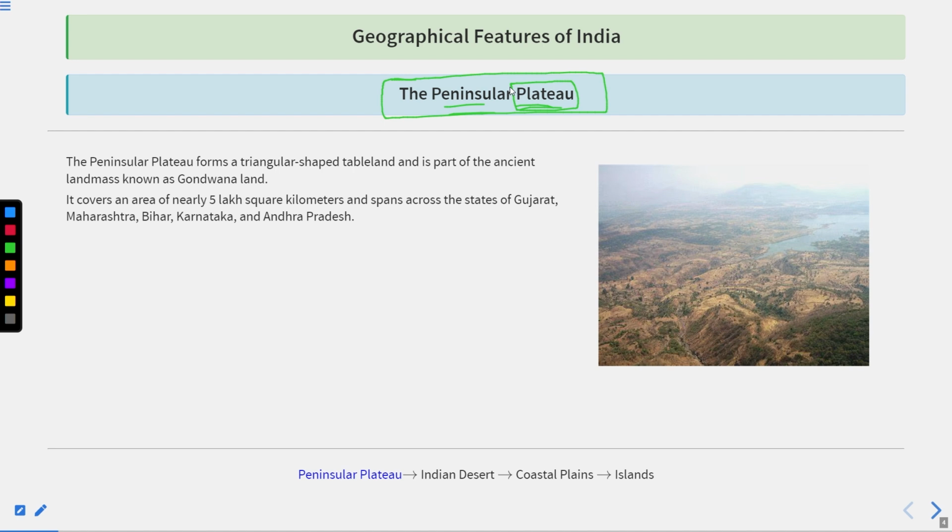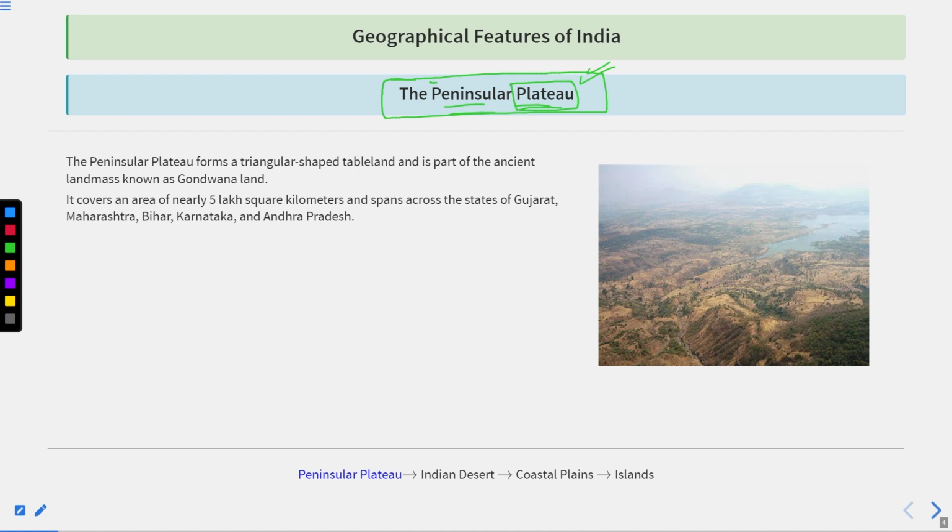So both of them are elevated areas, but the key difference is their height. The second difference is their shape. Mountains generally have a conical shape, whereas plateaus generally have a flat shape. So I hope now the difference between the plateau and the mountain has become clear in your mind.